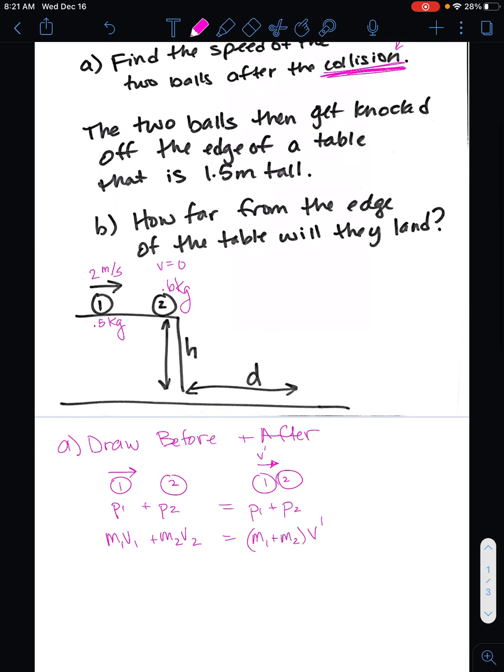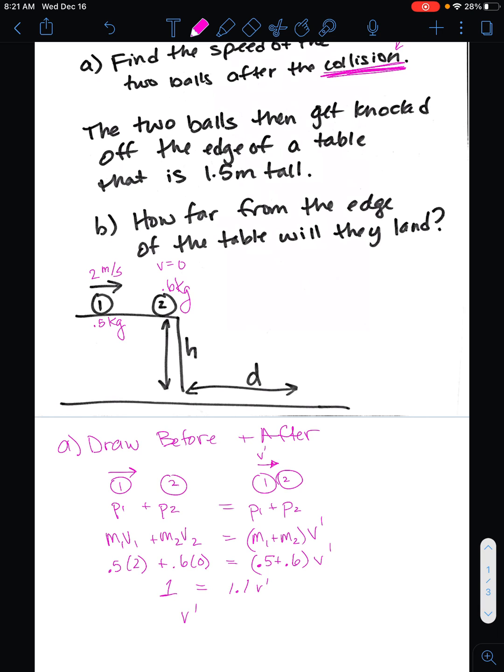And so now I can plug some numbers in and say that my 0.5 kilogram mass moving at 2 meters per second plus my 0.6 kilogram mass not moving have to equal my 0.5 plus my 0.6 moving at this new speed v prime. So 0.5 times 2 is 1, and 0.5 plus 0.6 is 1.1.